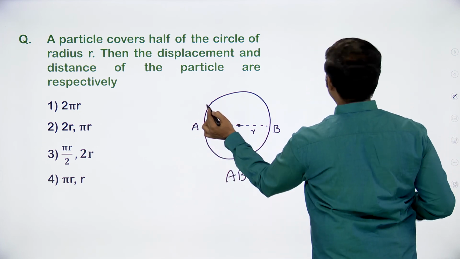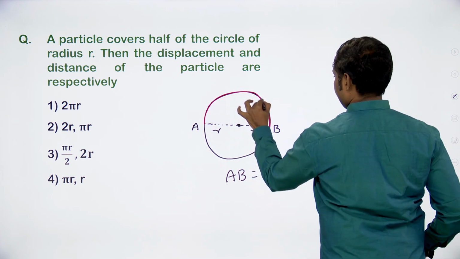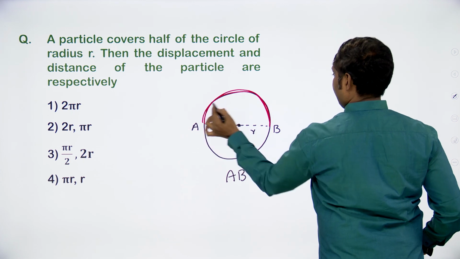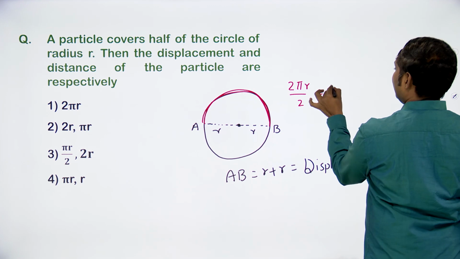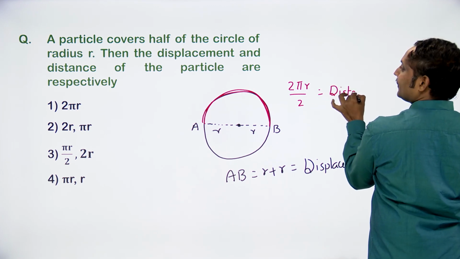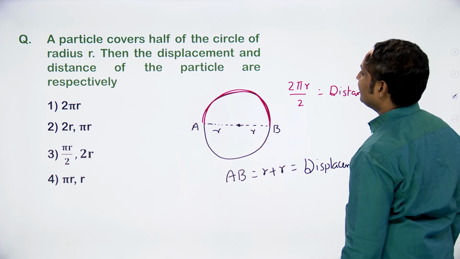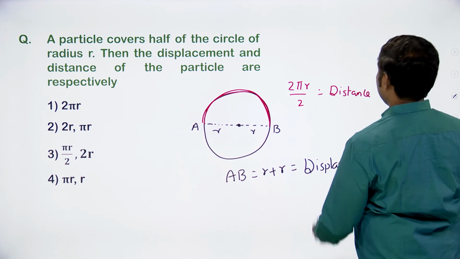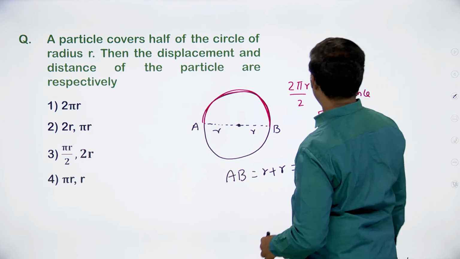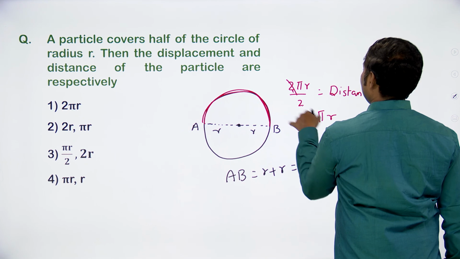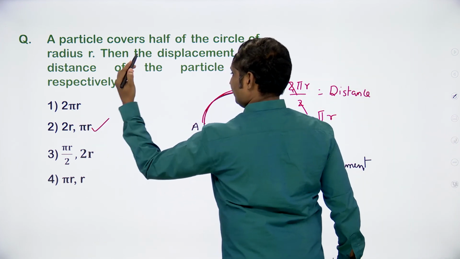The distance covered by the body is 2 pi R by 2, that is pi R. So you can confirm the displacement is 2R and the distance is pi R.